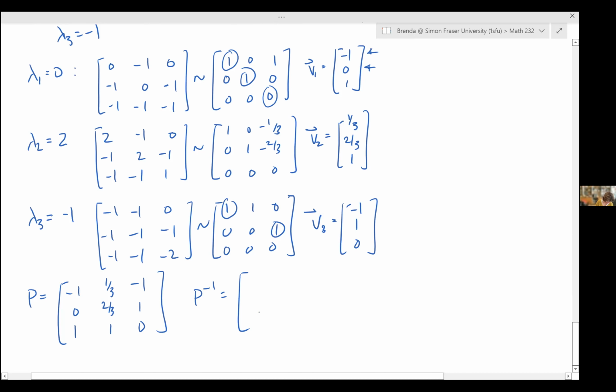Invert the 3x3 matrix by hand, by augmenting with the I3 and doing full Gaussian elimination to the reduced row echelon form. You will get this. Oh, I got this here.